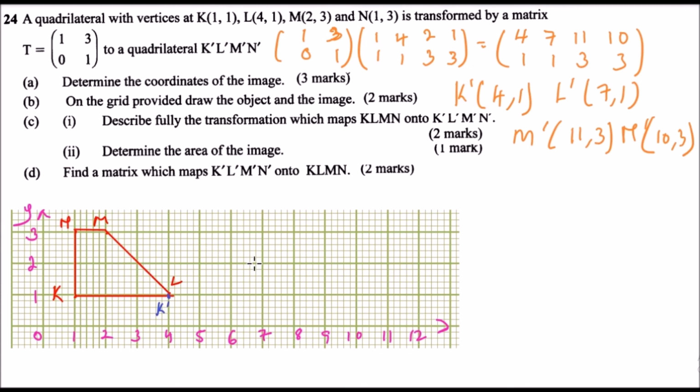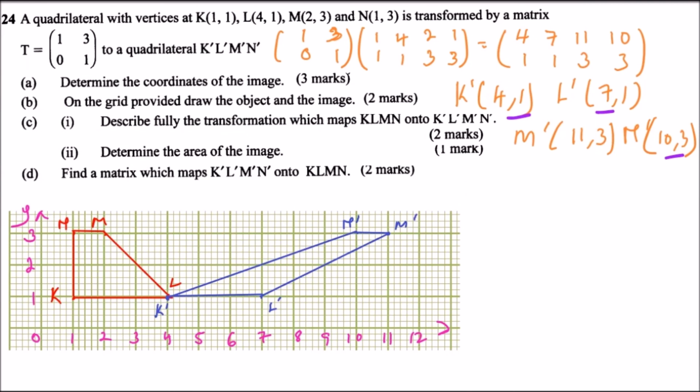Our L prime is 7, 1, so here is our L prime, and our M prime is 11, 3. 11 and 3 is here, so this is M prime, and N prime is at 10, 3, so 10, 3 is there, so that is where we have our N prime. So we join the lines together to come up with the image, the quadrilateral image.